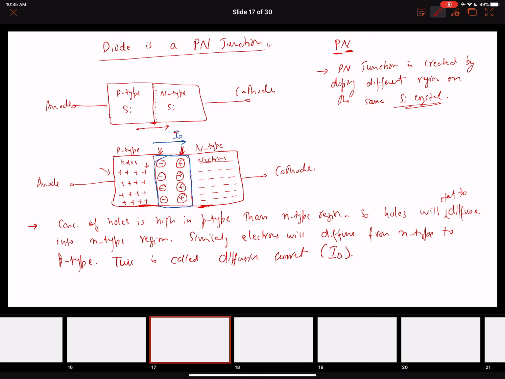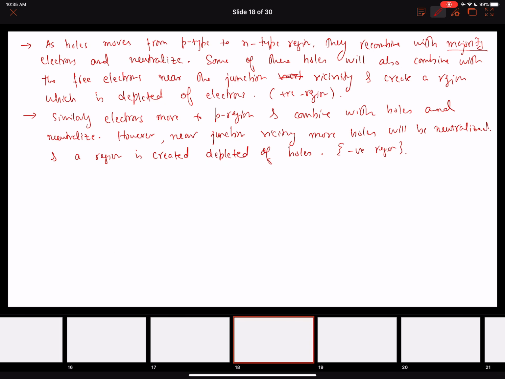All right. So if you look at this region closely, this is an interesting region because it has positive and negative charges there, and it essentially creates a barrier. This region is known as a depletion region as well.